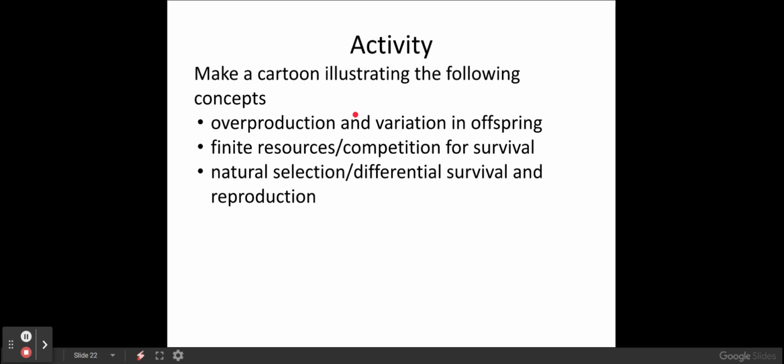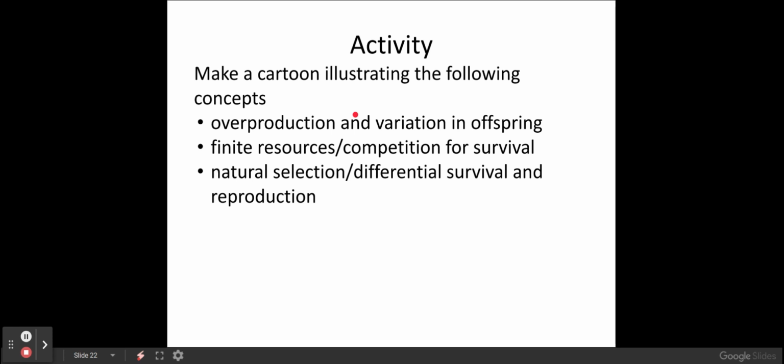The task that I would like you to complete to solidify this learning is to produce a cartoon. And don't worry, I will not be judging you on your artistic ability. You could use a real organism or a made-up organism.